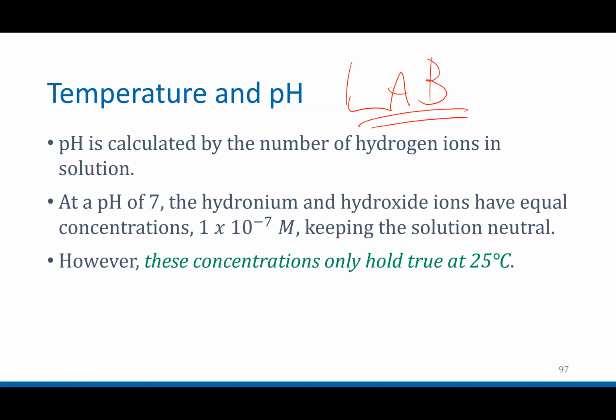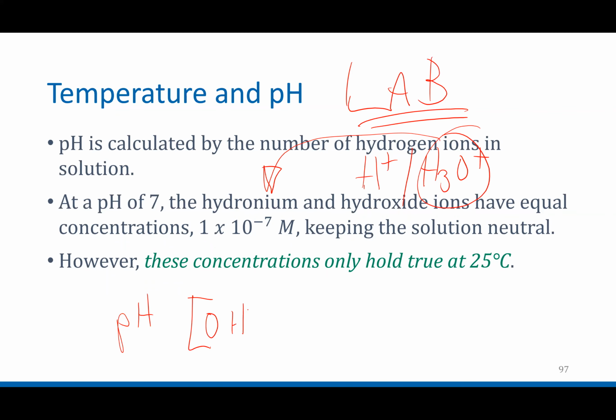Temperature and pH. Little reminder, pH is the number of hydrogen ions in solution. Hydrogen, H+, or more specifically in water, H3O+, hydronium ion. Okay, so this H3O+ is called hydronium, if you can't remember. At a pH of 7, the concentration of hydroxide is equal to the concentration of hydronium.